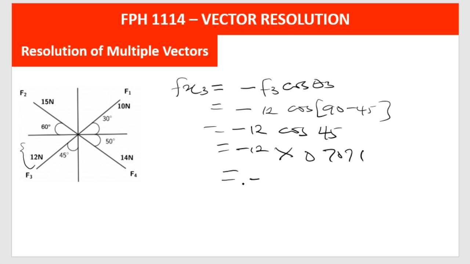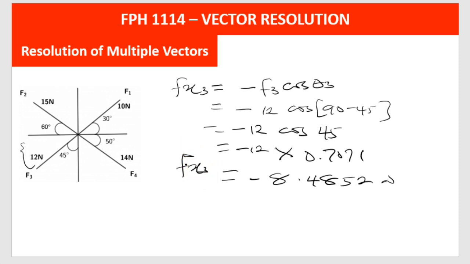So 12 multiplied by 0.7071 gives us 8.4852, so we have minus 8.4852 Newton.